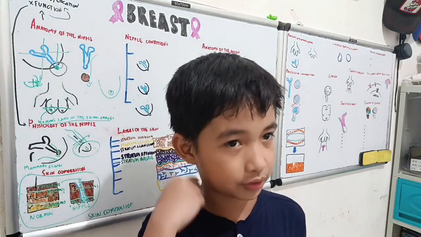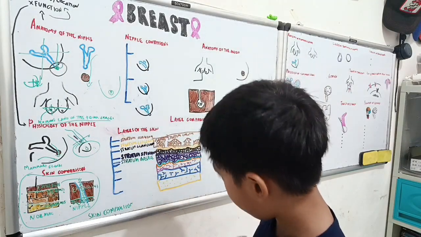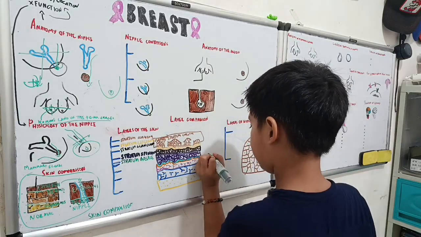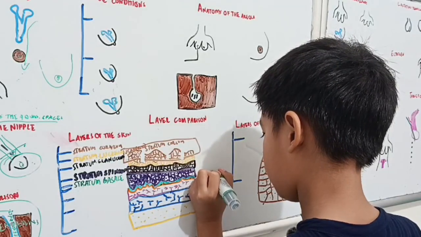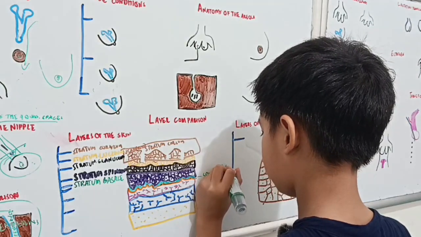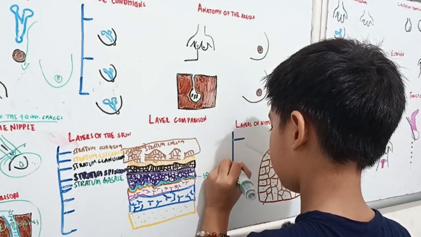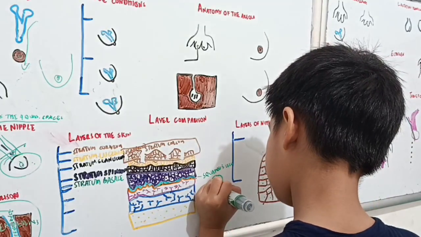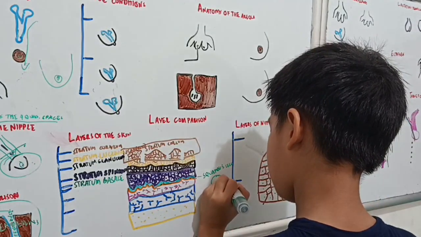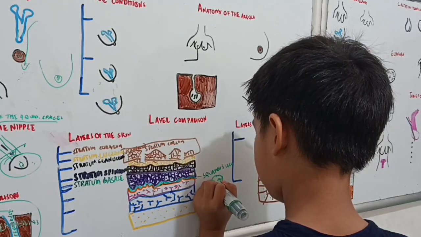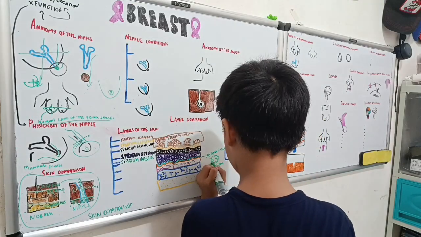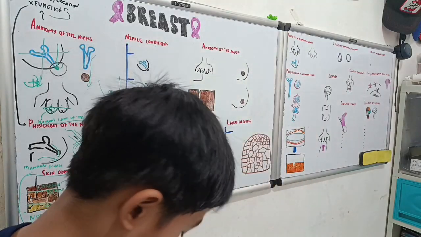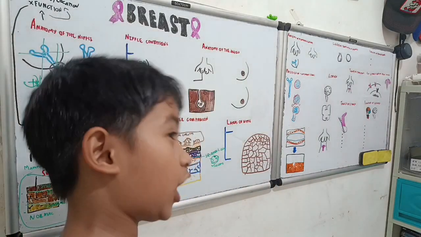Somewhere like 10% of cells are dead, because these are where the squamous cells are welcome to the world. That's just where they're mainly found. Okay, that's the stratum basale.